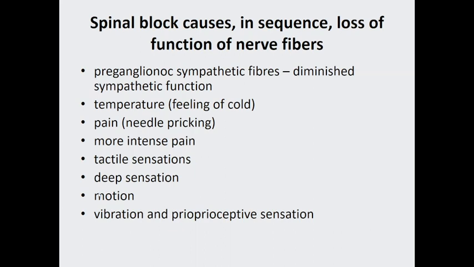Sometimes the motion, the feeling of vibration, of proprioception can be not blocked. That is not the problem. The most important thing is to give the patient analgesia. So even if the patient can move the limb a little bit, as long as it's not a problem for the surgeon, it's not a problem at all.